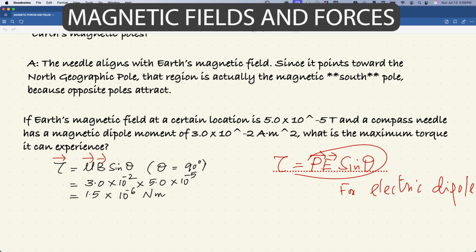Do you see the correlation there? And maximum torque acts when the angle is 90. And so this is a cross product, actually. It's a cross product of mu and B. That's why you have the sine theta. And since mu and B are given here, all you got to do is multiply them and you get the answer in Newton meter, which is the torque.